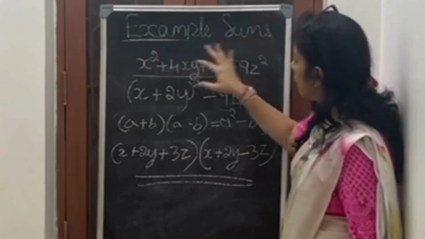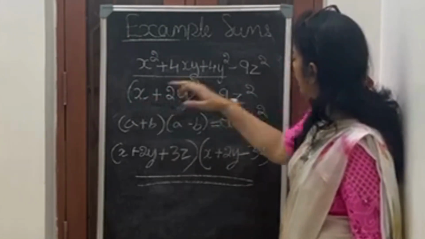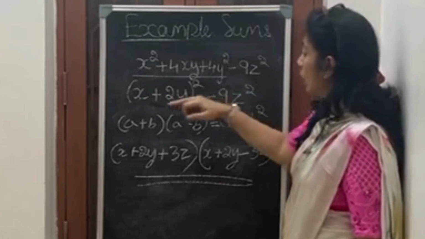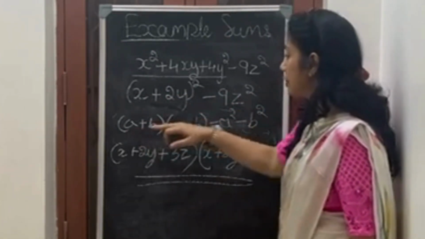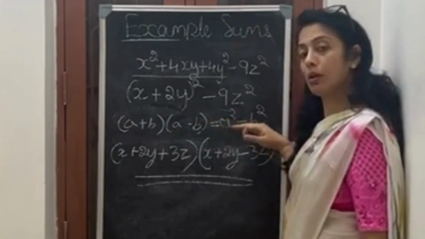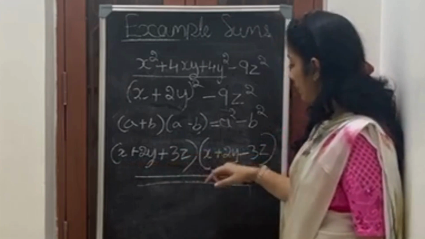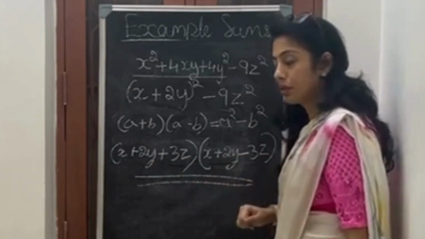These three terms I solved. I took the a plus b the whole square formula. I got this. Now this became my a and this became my b. Now, this is a squared minus b squared. How do I get this? a plus b into a minus b equals to a squared minus b squared. So I got this a plus b, a minus b. Okay, easy factorization. Thank you.